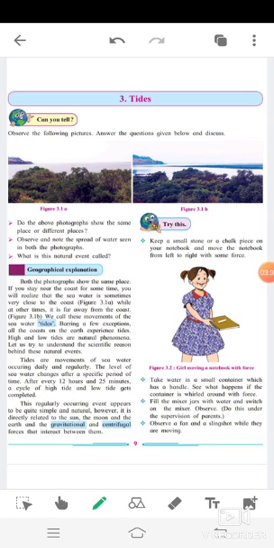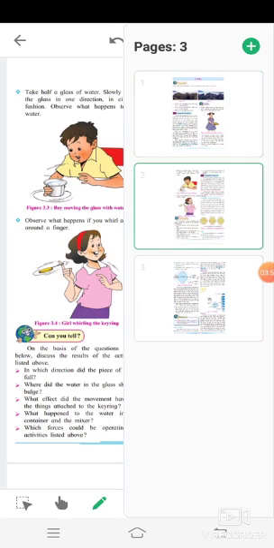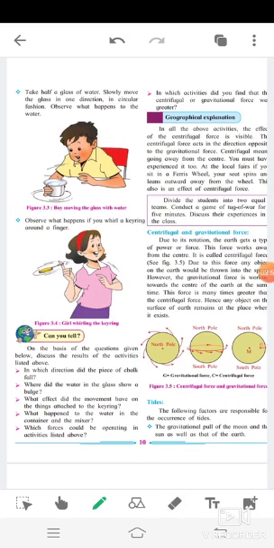Observe a fan and a slingshot while they are moving. Take a half glass of water. Slowly move the glass in one direction in a circular fashion.